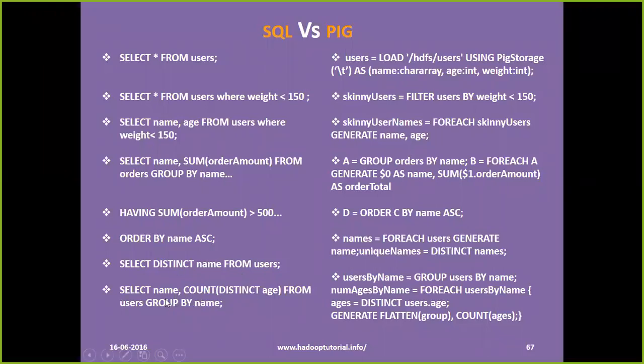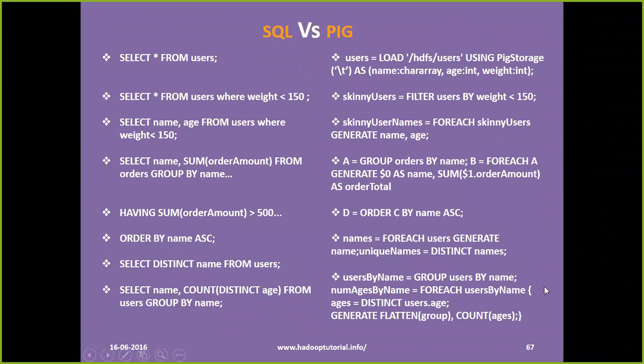Okay. Select name comma count of distinct of age from users group by name. Then I should first group users by name. Since I need to group by name, then ages by name, for each user by name.